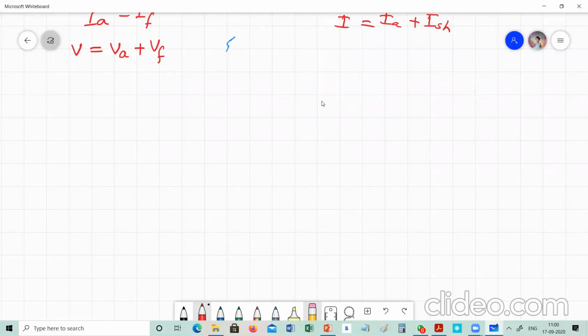In a DC motor, the speed is given by the armature part. The armature part is rotating, so we have to develop the equations governing the operation of the armature itself.